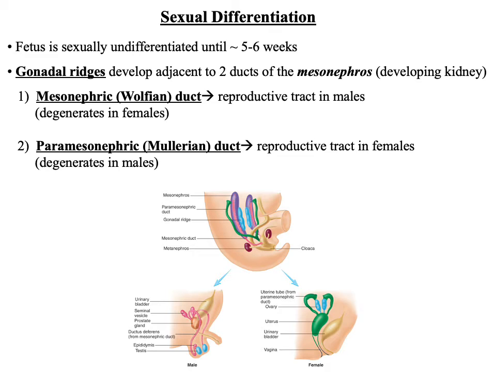On the flip side, if you're genetically determined to be a female, then the paramesonephric duct is the one that stays, and the mesonephric duct degenerates. Essentially you have both at the beginning, and then some of those structures eventually go away, and some remain and develop into the more mature system.